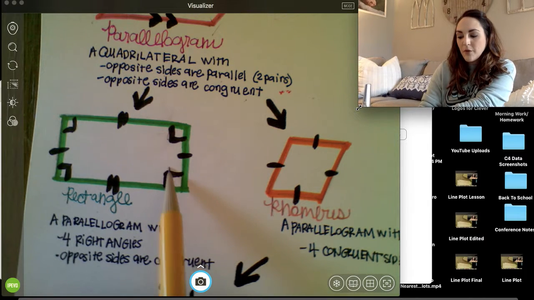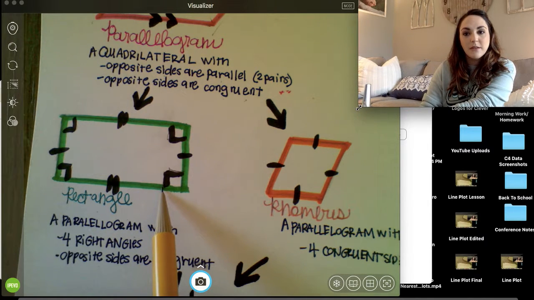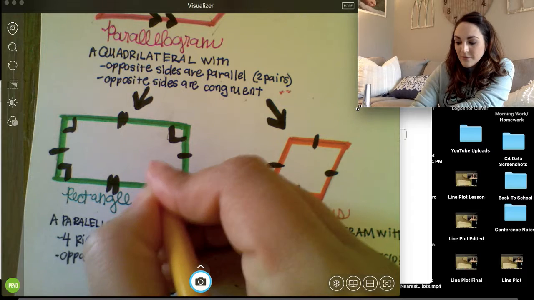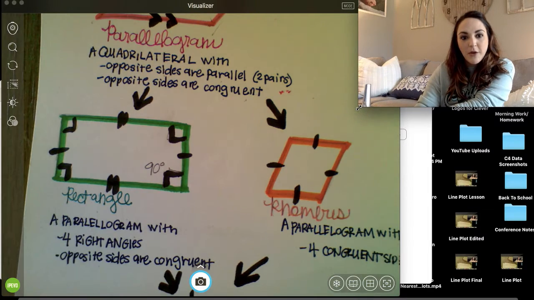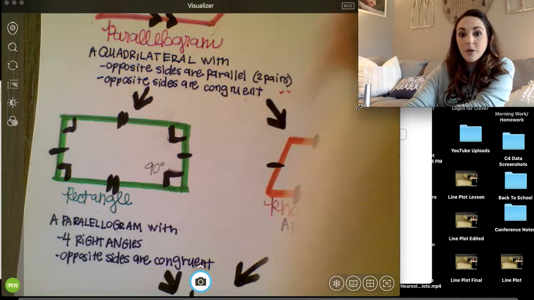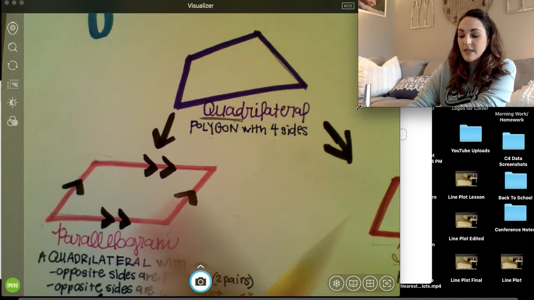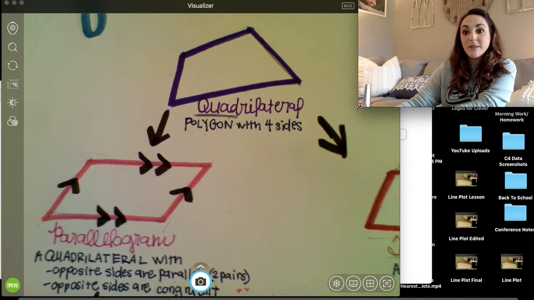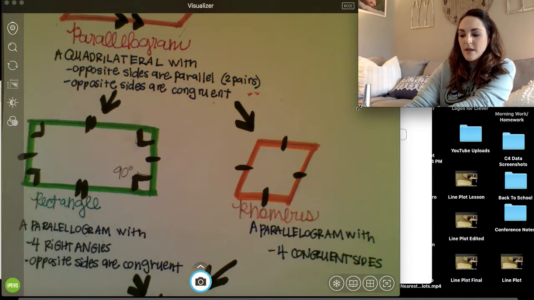Notice how there are perfect squares in the corners of my shape. A right angle forms a perfect square. Right angles have 90 degrees. Okay, we remember learning about that earlier this year. Right angles have 90 degrees. So a rectangle is a parallelogram. It's also a quadrilateral. If you notice, if they come from each other, they also share the same properties, okay?